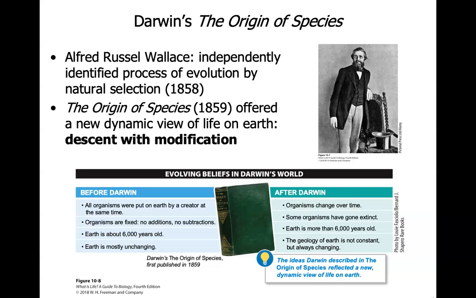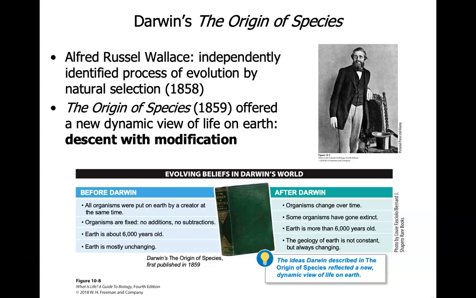And he wrote to Charles Darwin asking him to read his ideas on evolution by natural selection. Basically, Alfred Russel Wallace had done the same thing that Charles Darwin had done. He was just doing it in a different location. And so he came up with this same theory of descent with modification by means of natural selection about the same time that Charles Darwin did.